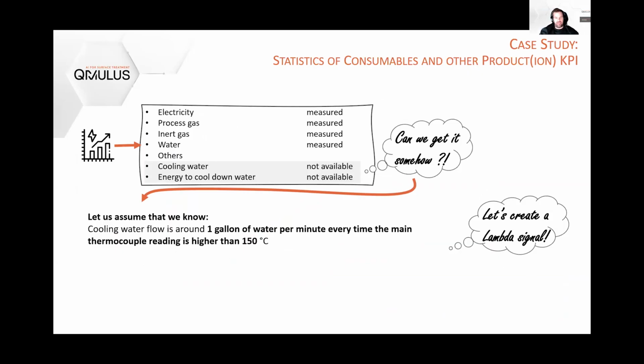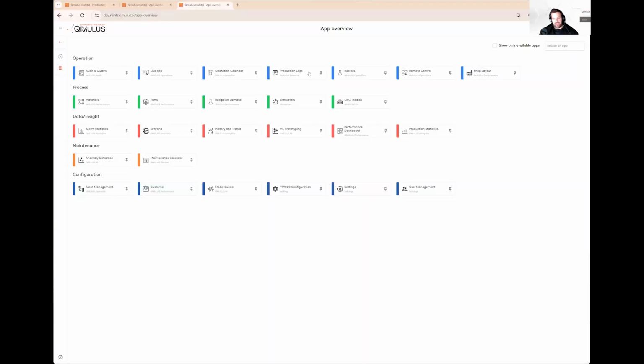He knows that his M1, the nitriding furnace in Montreal, is running on 4 liters per minute, or roughly 1 gallon per minute, of cooling water. And the valve is closed if we have, for example, a cold furnace, exactly, below 150 degrees Celsius, let's say, and above 150 degrees Celsius it is just open.